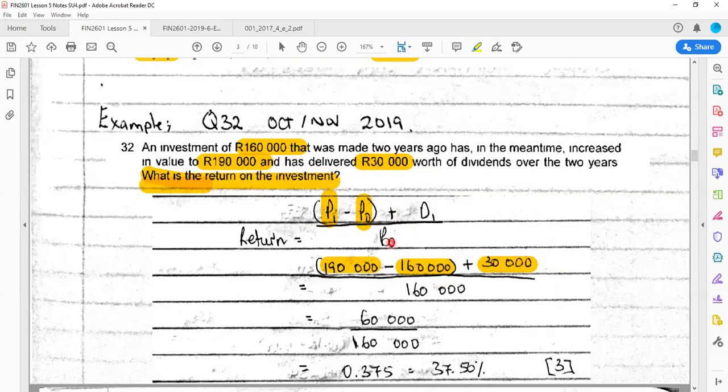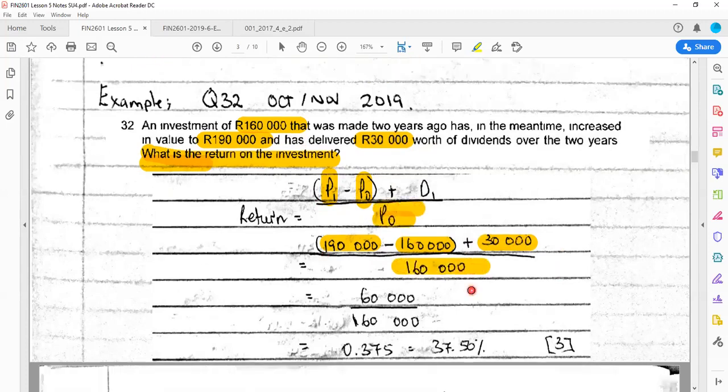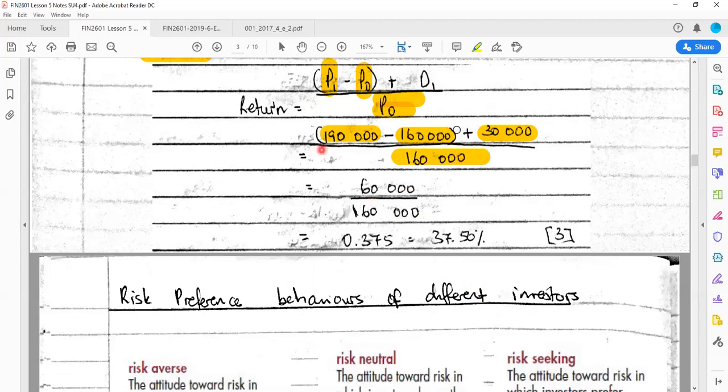And then we divide that by the value of the investment at the beginning, divide that by 160. So on the top part, we get 60, the bottom part is 160, and if we divide, we get 37.50, which is option 3.